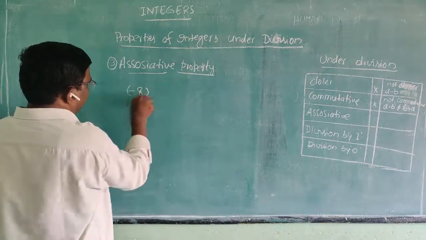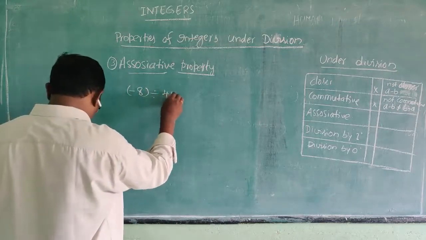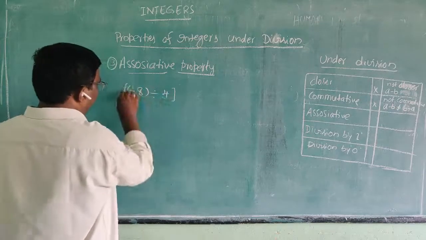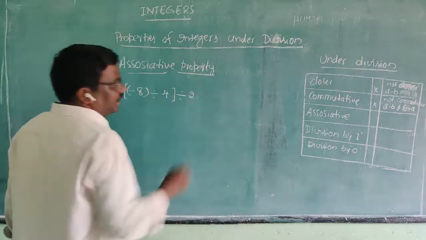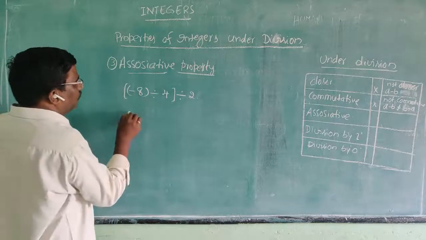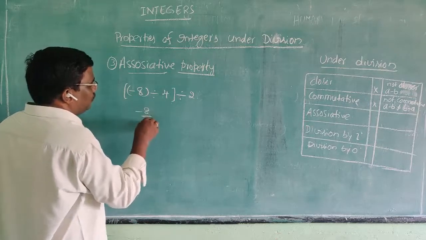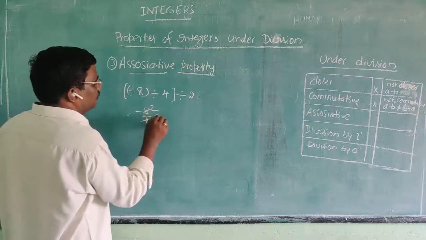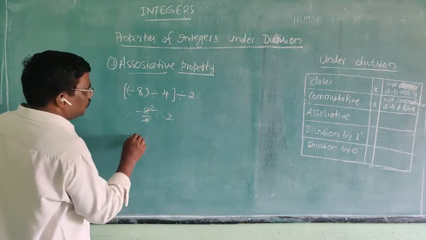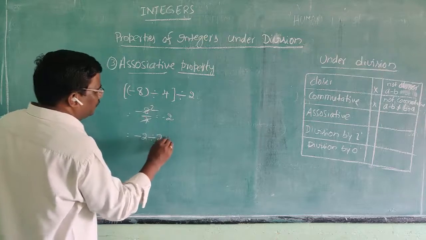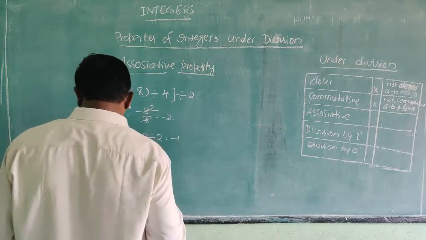Minus 8 divided by 4, divided by 2. Minus 8 by 4, 4 ones are 4, 4 twos are 8, that equals minus 2. So minus 2 divided by 2 equals minus 1.